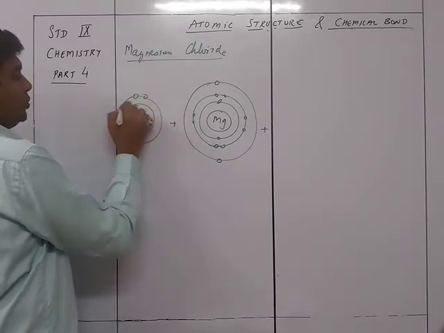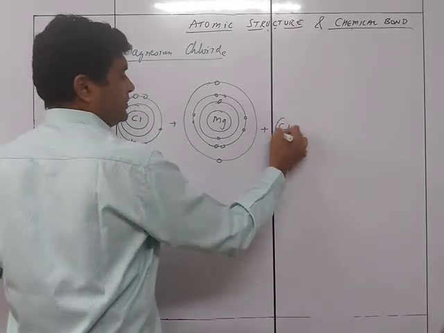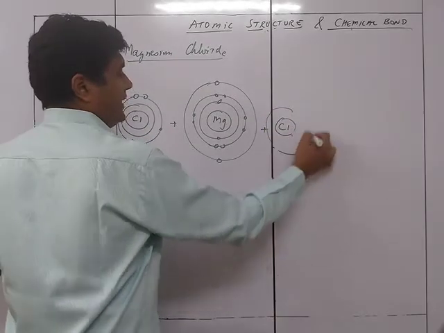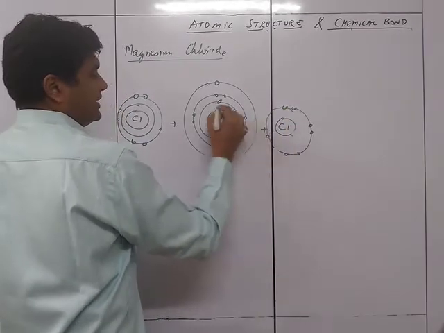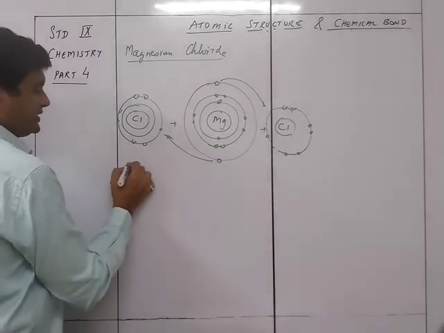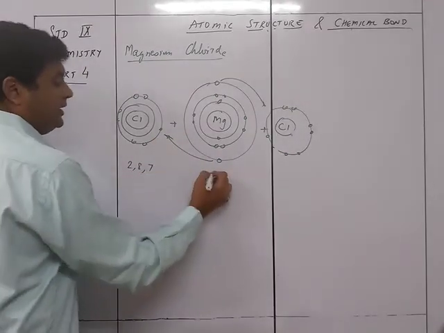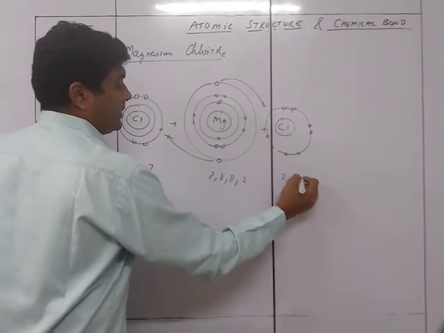So it is 1, 2, 3, 4, 5, 6, 7. Over here also Cl, which will have the outermost orbit as 7. This electron will go here and this electron will go here to give you this as 2, 8, 7 tha. ये 2, 8, 8, 2 tha. This is 2, 8, 7.